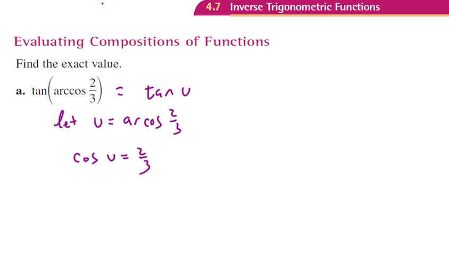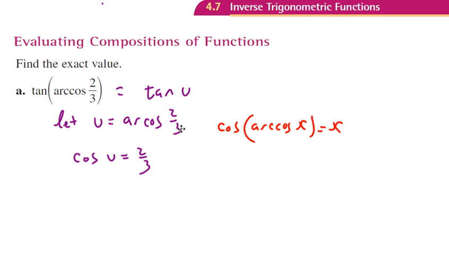Well, yeah, right. Remember we had our property from last example that if you take the cosine of arc cosine of x, it's x, given that this has to fall within our domain of -1 to 1.